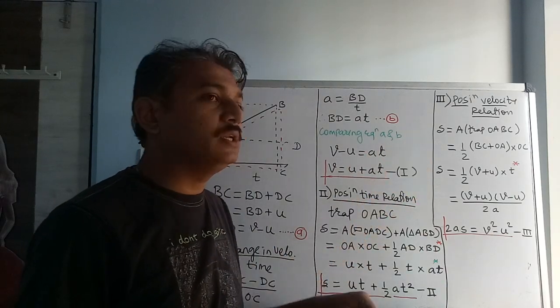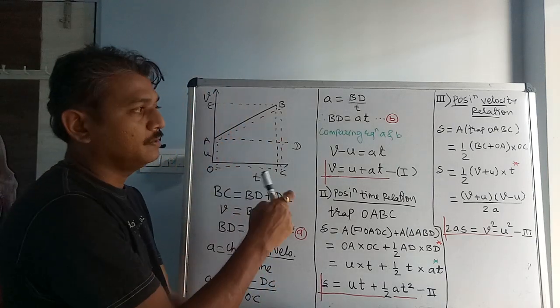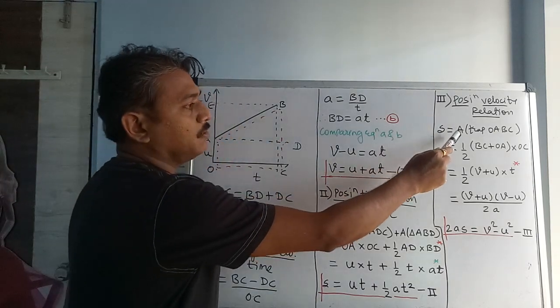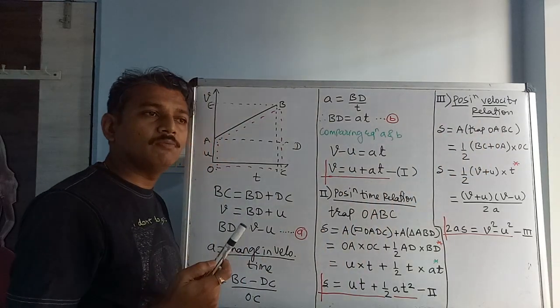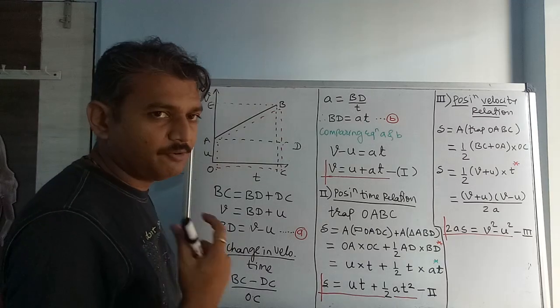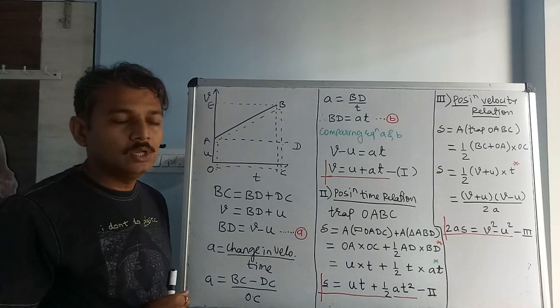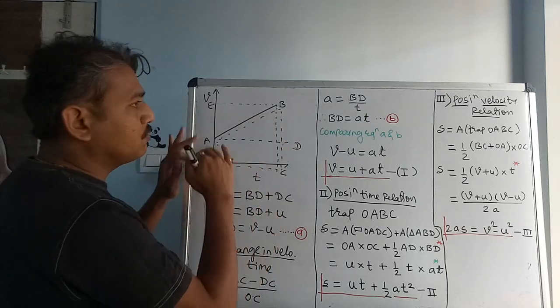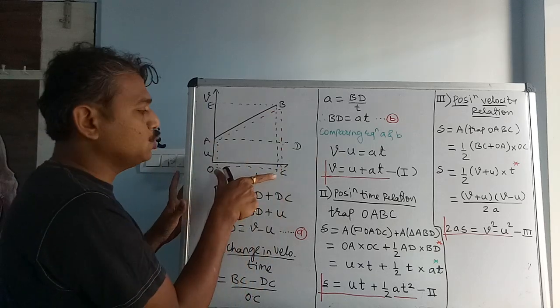In position velocity relation, we are considering this trapezium OABC here. So S is equal to area of trapezium OABC, and you know very well the formula for area of trapezium. Area of trapezium is half the sum of parallel sides into height. Parallel sides are BC and OA and height is OC.